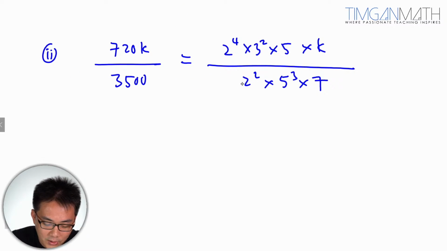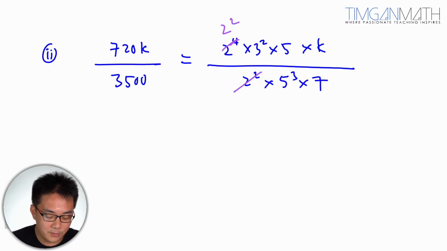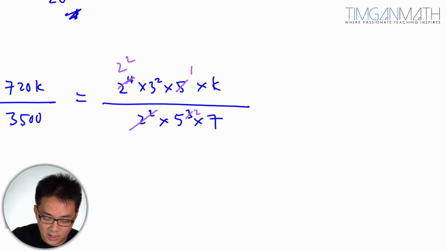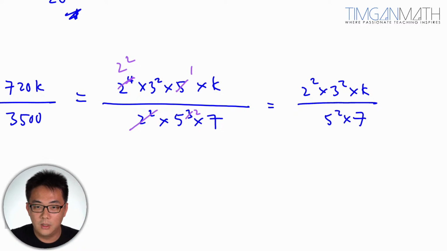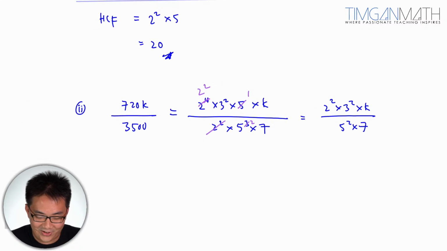You know that 2 squared can be divided here, so this is no problem at all, because it can be divided properly. After that, when you divide, this will be 2 squared, because you take out 1, this will be 5 squared, and what is left here is actually 2 squared times 3 squared times 7 over 5 squared times 7. I hope I'm doing this correctly. Hold on. Yes, okay. You get it?